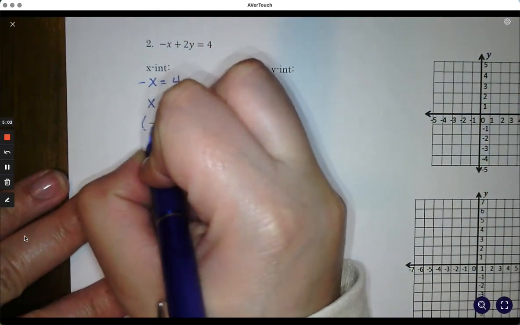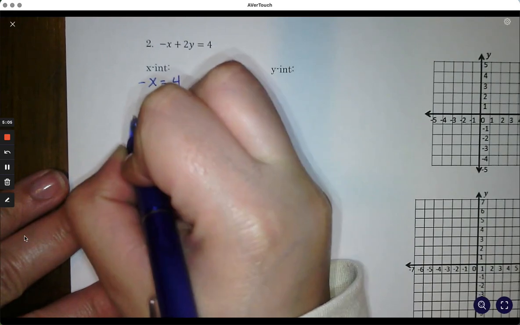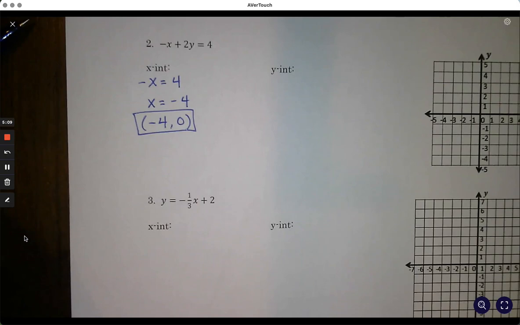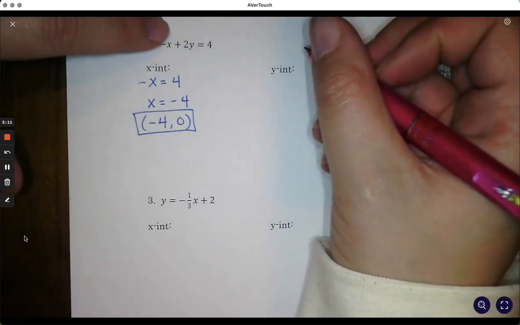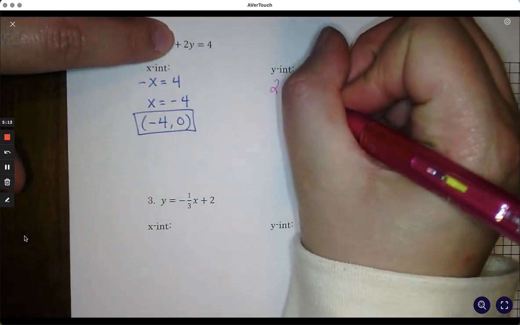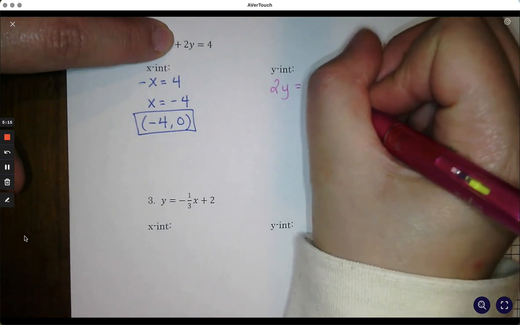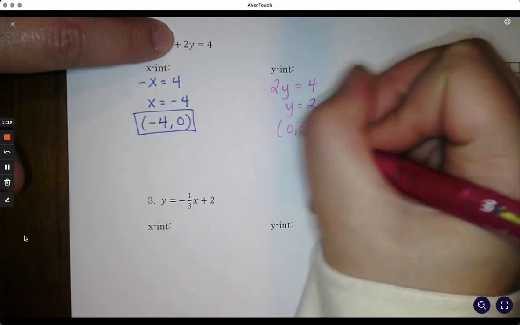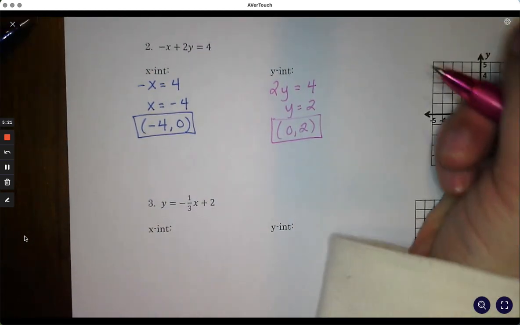So we have negative 4, 0. Y-intercept, cover up the x. So 2y equals 4, y equals 2, 0, 2 is our y-intercept.